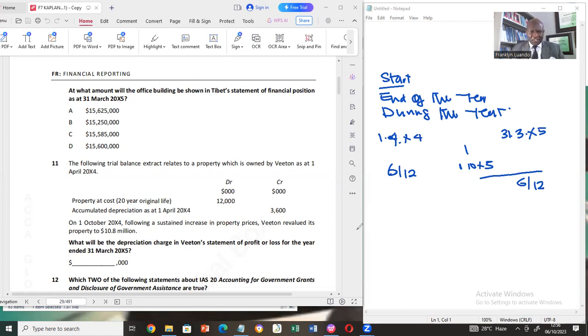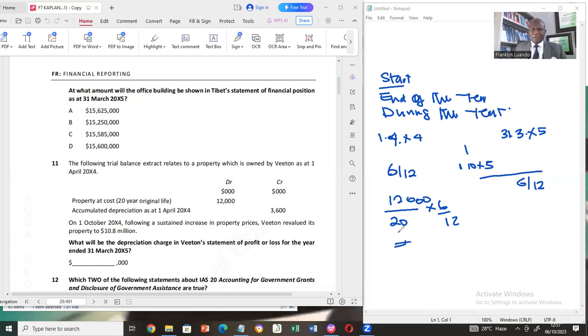So the first stage, depreciation is based on the original cost of the asset, which is 12,000. Original number of years, 20. Multiply by 6 over 12.